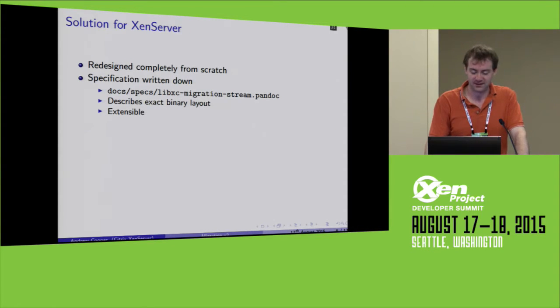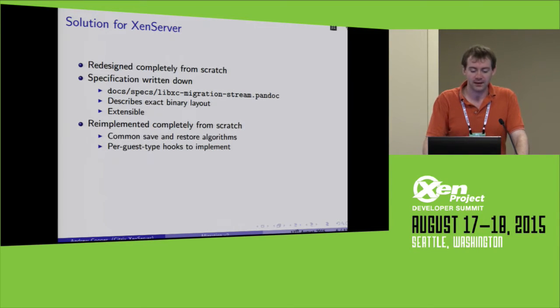It has some headers in it, which we'll look at later. It has an exact binary layout, and it was specifically designed to be extensible going forwards. The specification also includes how you can make improvements going forwards. Then we re-implemented everything completely from scratch because none of the code was salvageable.